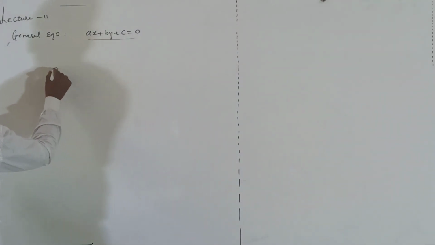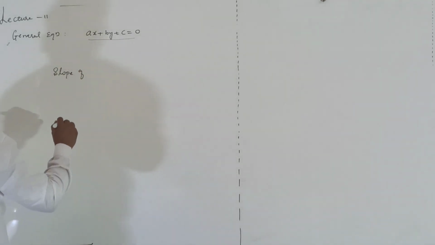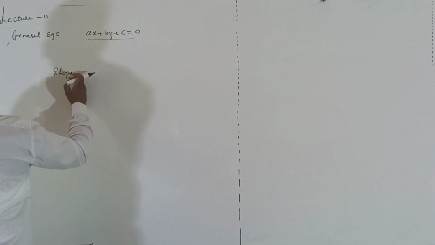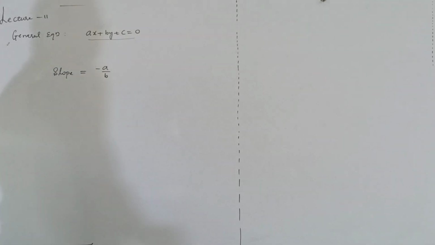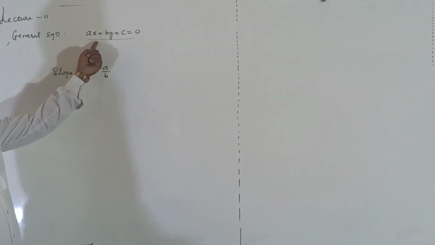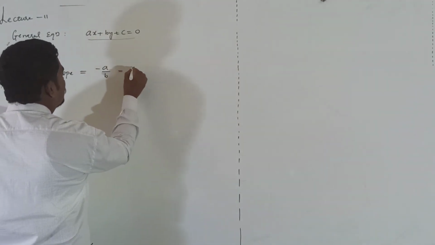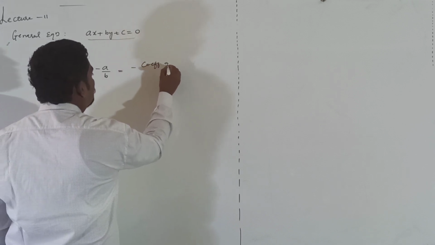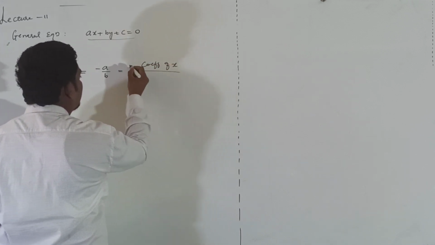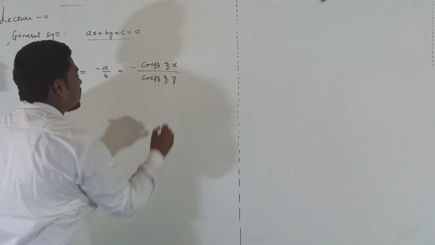The slope of this line is minus a divided by b, that is, minus a means coefficient of x with the negative sign as it is, divided by coefficient of y.